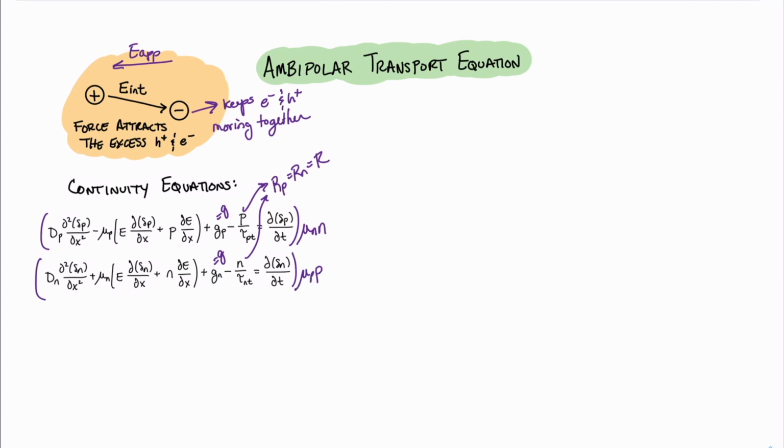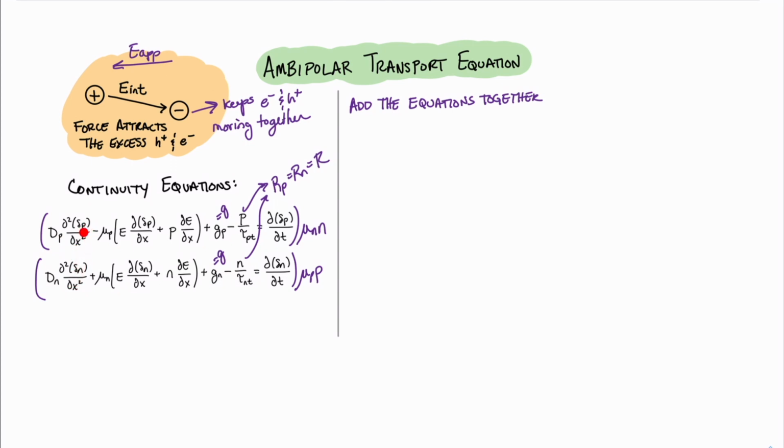All right, so now let's look at putting these two equations together. And what we're going to first do is add these two terms together. Since we multiplied the top by mu sub N N and the bottom by mu sub P P, what we're going to have is mu sub N N times dP plus mu sub P P times dN, and then that's going to be times our derivative terms.